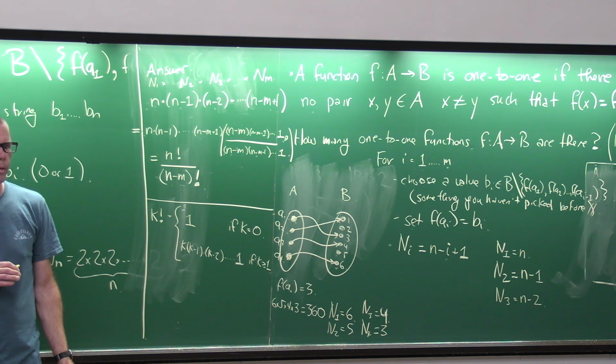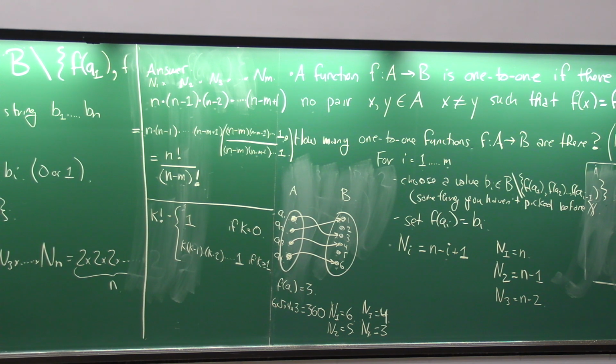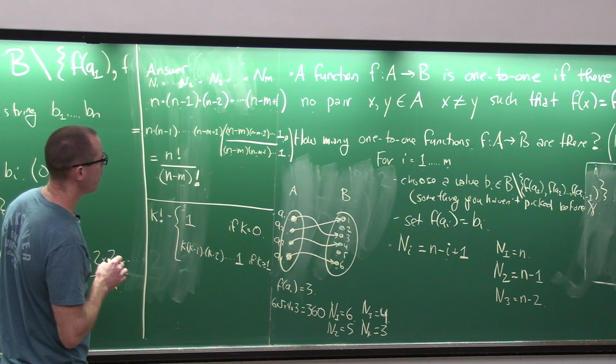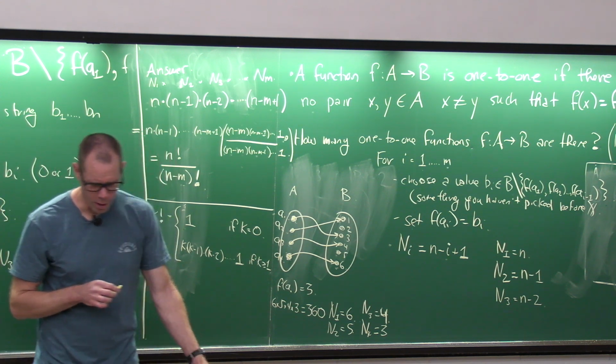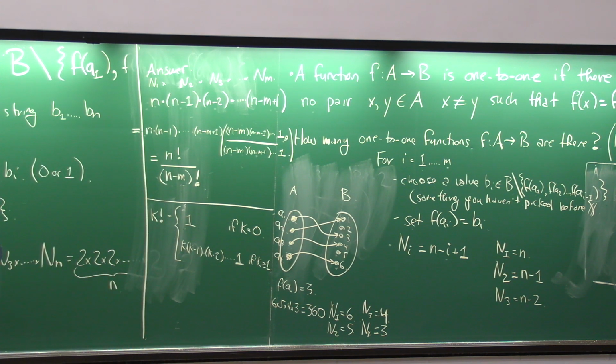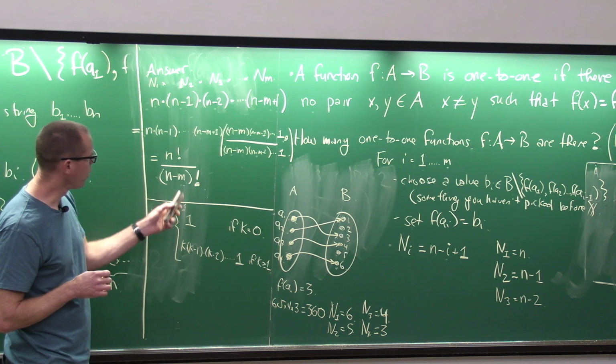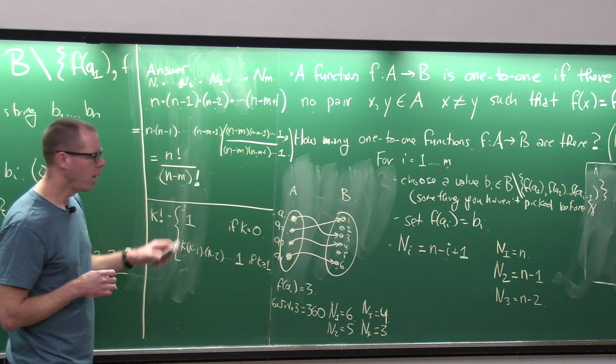Yeah? Does that formula work if m is greater than n? If m is greater than n, so if the set A is greater than the set B, then this formula is not defined because we don't have anywhere a definition of factorial for negative numbers.